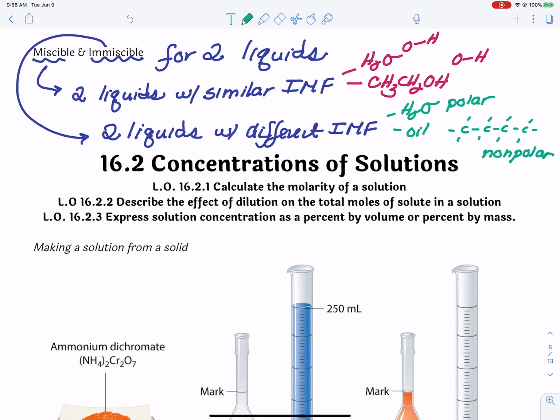There's no attraction between those two molecules. Water is much more attracted to itself than it is to oil, so they're not able to mix. Okay, so those two words are just vocabulary. They are used instead of soluble or insoluble for liquids. Okay, so get your calculator out for 16.2, where we're going to do some calculations.